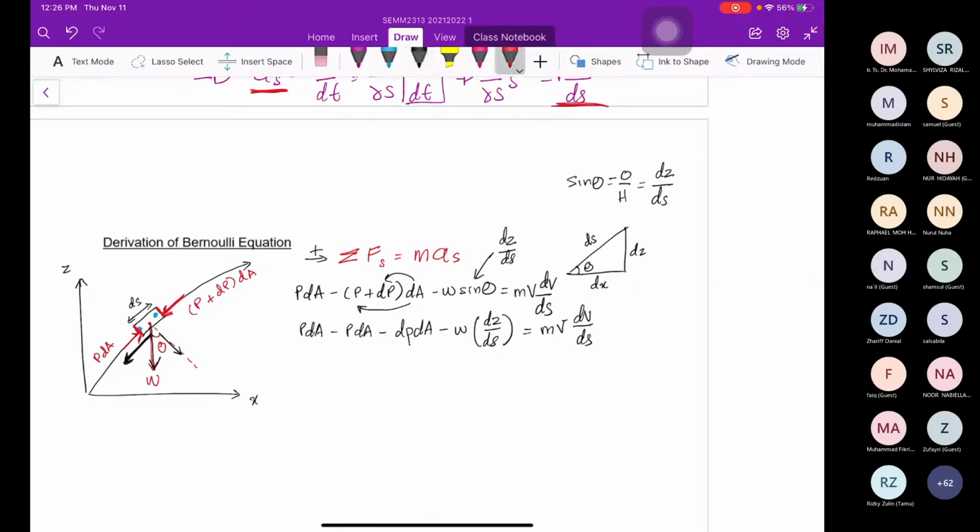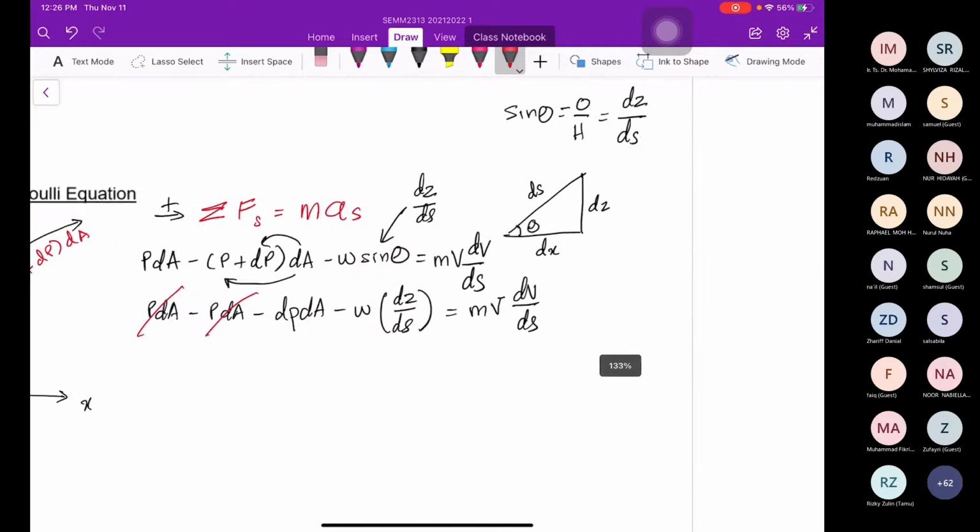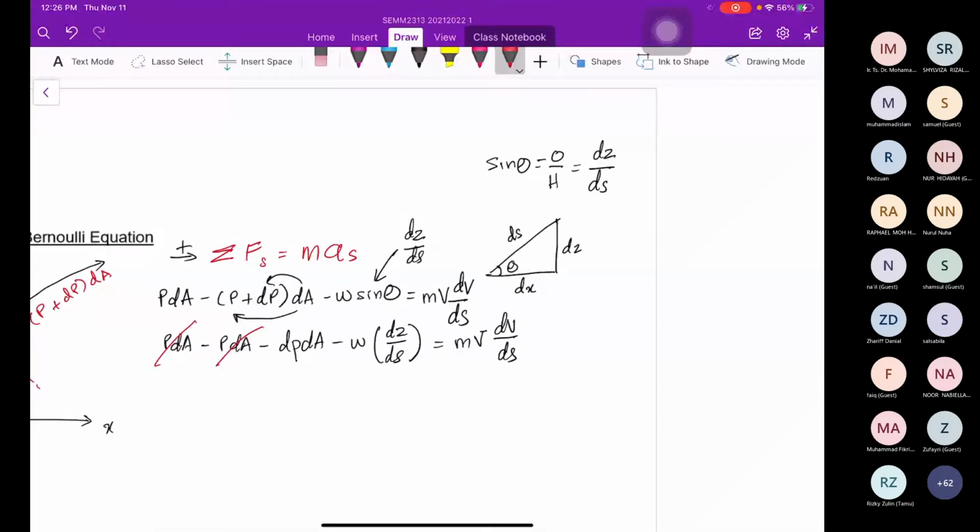This one we can cancel out because it is the same term. So what we have now is negative dP dA minus W dz/ds equal to m v dv/ds.